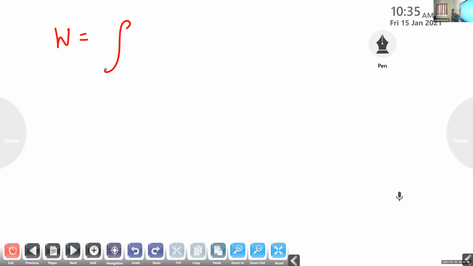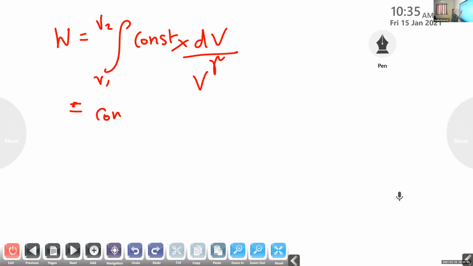Therefore, work done is equal to the integral V1 to V2 of constant into dV divided by V raised to gamma. Now what is the next step? Take the constant out: constant times the integral V1 to V2 of dV by V gamma.